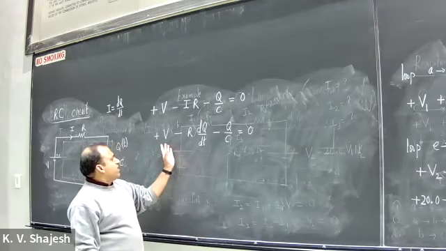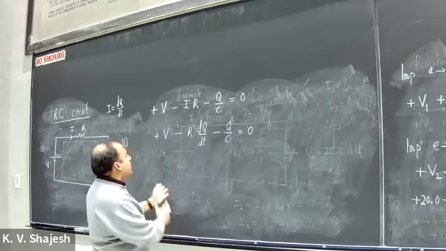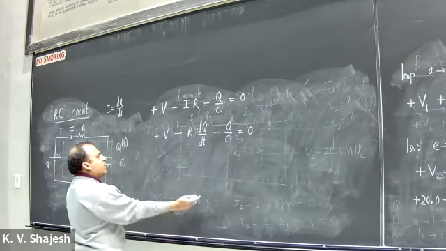So let's take dq by dt on one side and bring everything else on the other side.